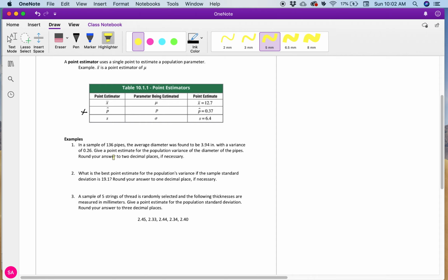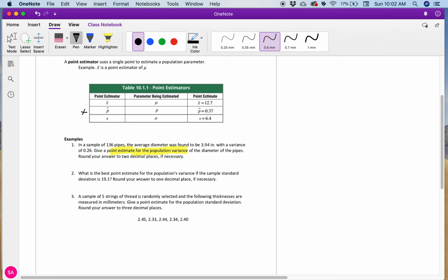And they want us to give a point estimate for the population variance of the diameter of the pipes. Okay, so they're asking us not for the actual population variance because we don't have that information. They want to know what would the point estimate be for the population variance.